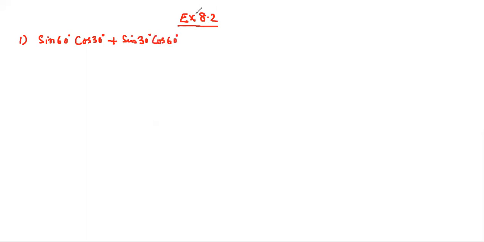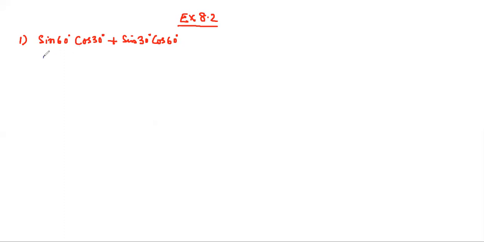Children, if you want to do the questions of this exercise, it is a must to remember the values of these trigonometric ratios at different angles. So let's start filling the values.